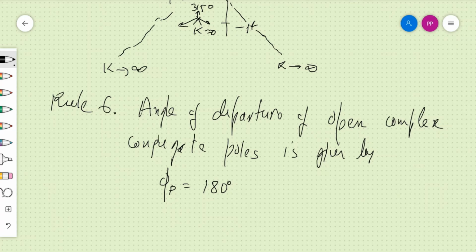There are different formulas given depending on the number of poles.